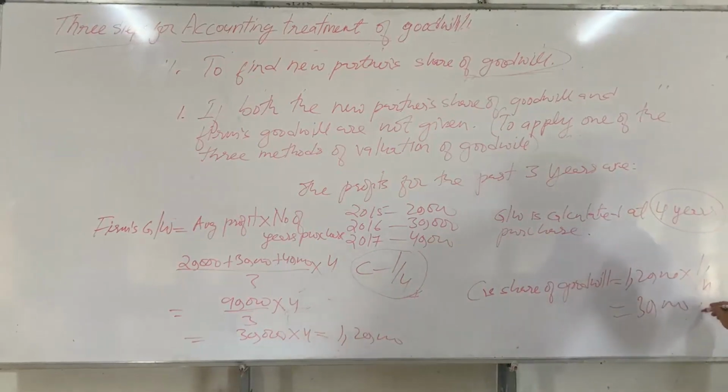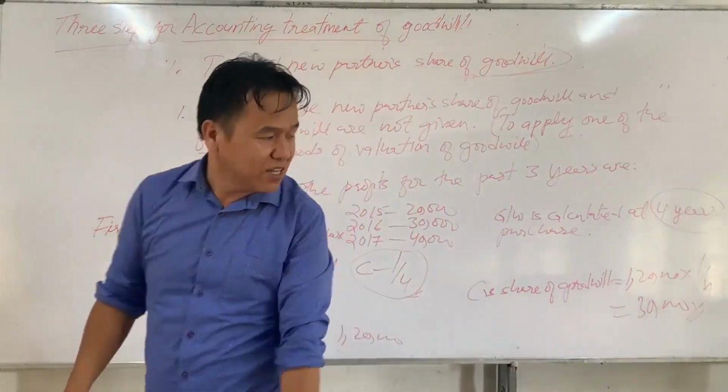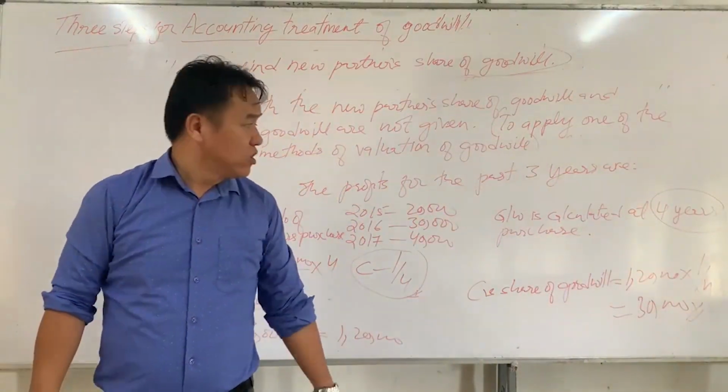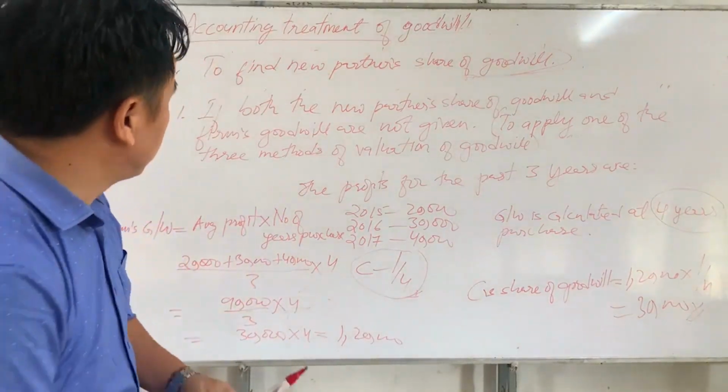So 30,000 is C's share of goodwill, which means C has to bring rupees 30,000 as his share of goodwill. Okay. Now we will discuss the fourth situation.